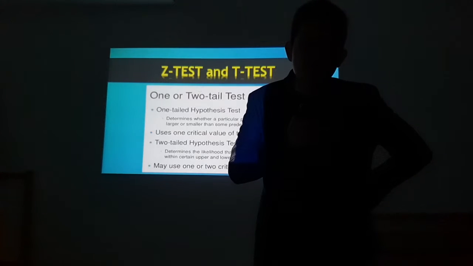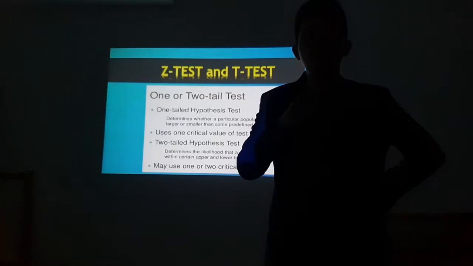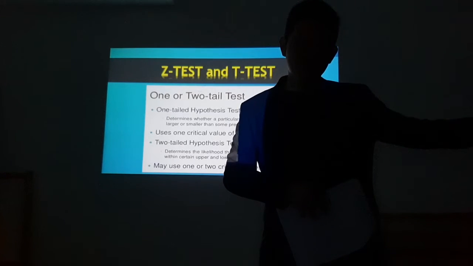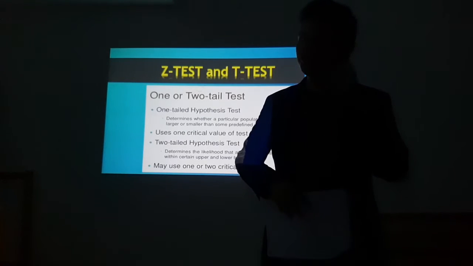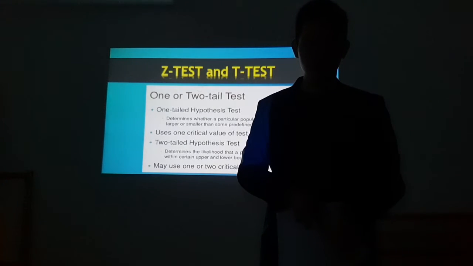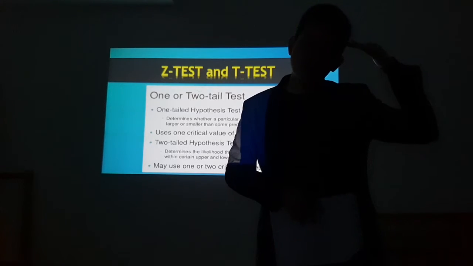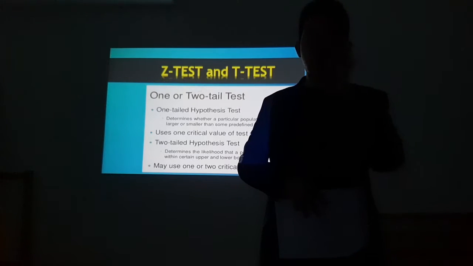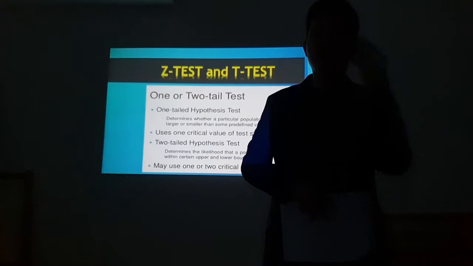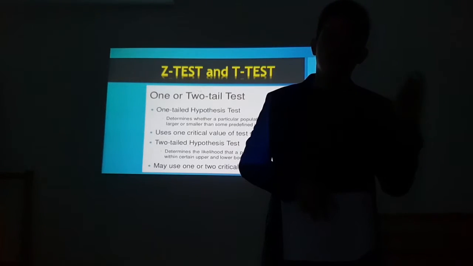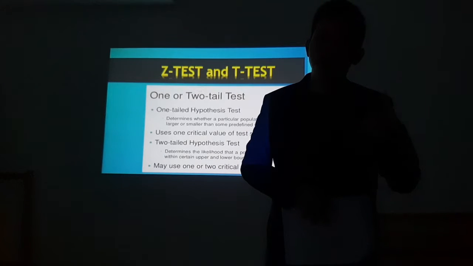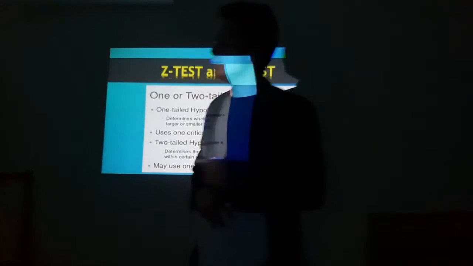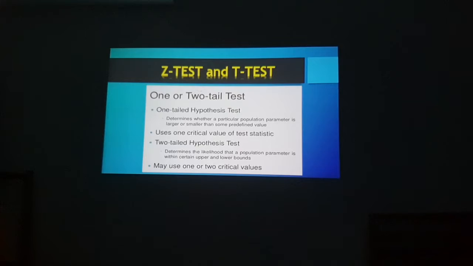For example, I believe that my IQ is not equal to my classmates'. You're just saying not equal, but you are not saying if it's higher or lower. So if they're equal, even if you got a 97 while they got a 95, it's just a matter of difference in the number, but it has the same message that you have the same IQ level. But you will not claim that you're either less or better than that. Moving on, the z-tests.